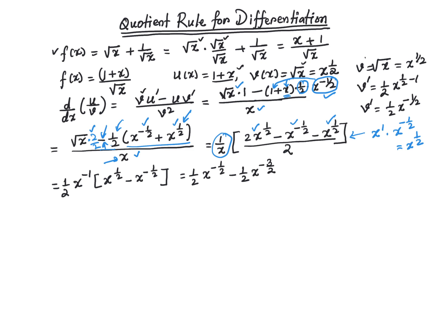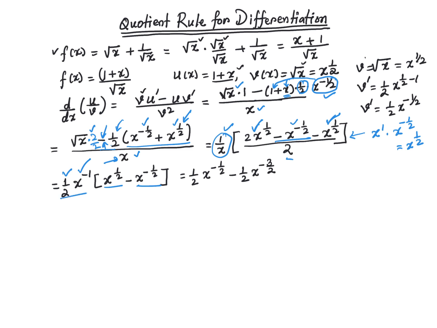Okay. So having said that, now look, you have 2x to the power 1/2 minus x to the power 1/2, which is going to give me just x to the power 1/2, and then negative x to the power negative 1/2 is this. And this 1 over x is the same as x to the power negative 1, and this 2 in the denominator comes in front as a 1/2.